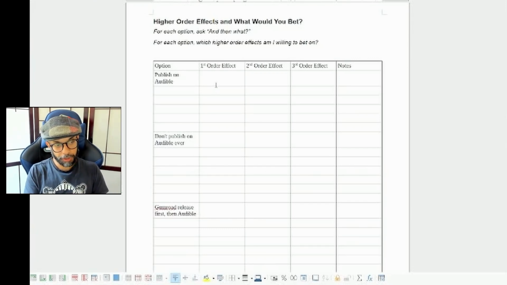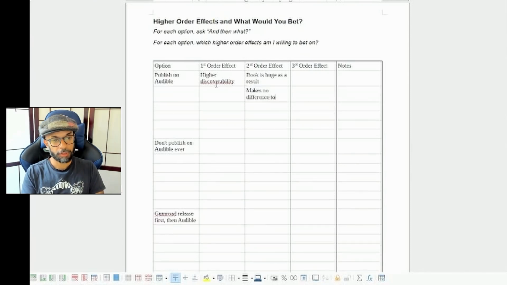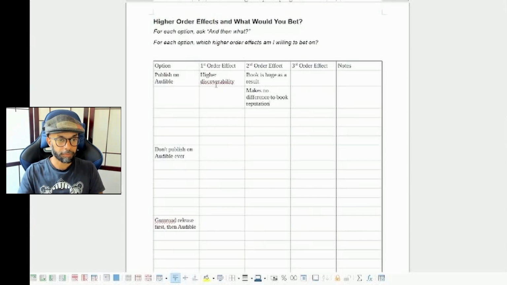So you publish on Audible, might benefit from high discoverability. And the book is huge as a result. Or the book isn't huge. Makes no difference to book reputation and authority, say.